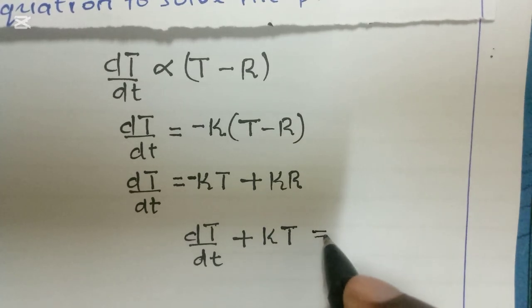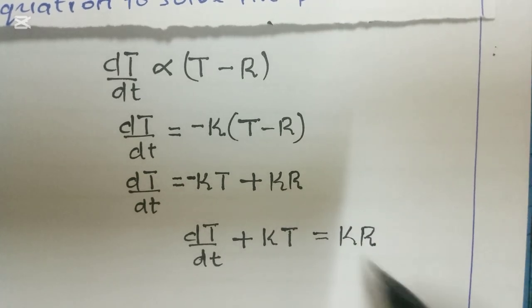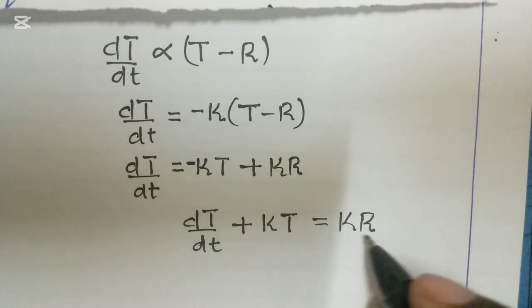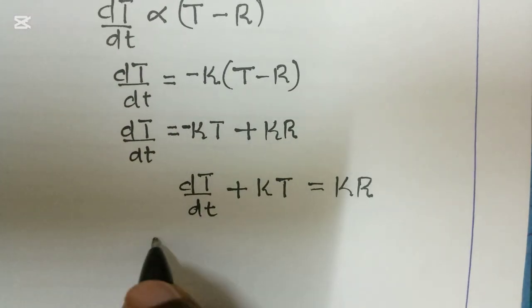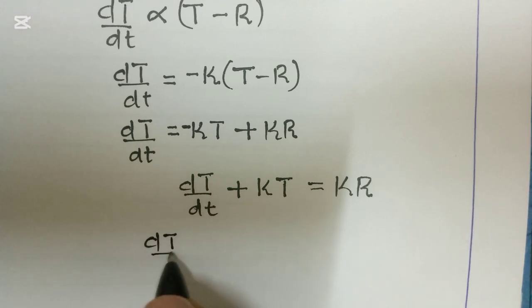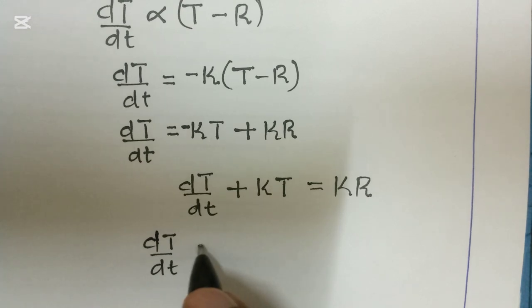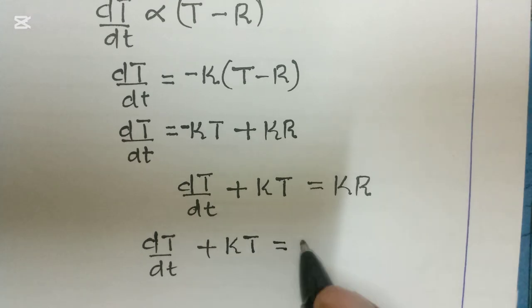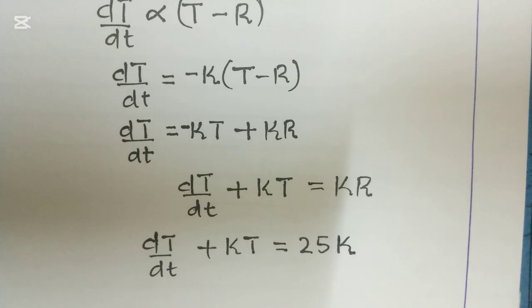This equals kR, and R we know is 25 degrees, so I write R as 25 as we continue. So we write dT over dt plus kT equals 25k, where k is the heat transfer coefficient.